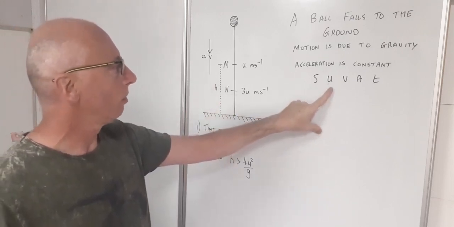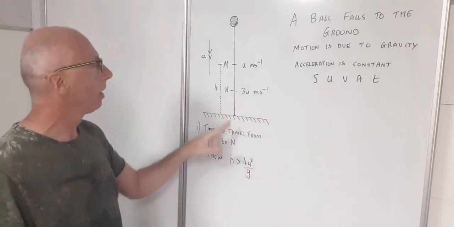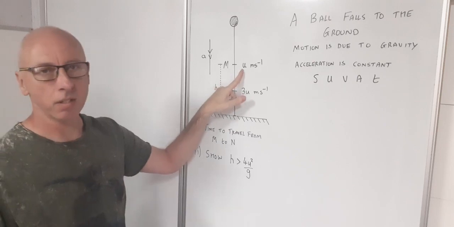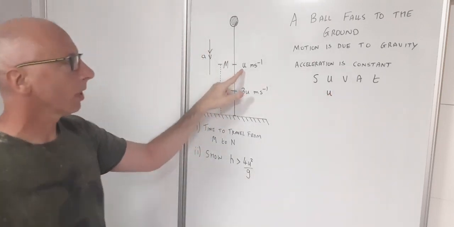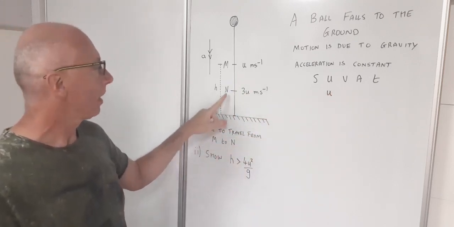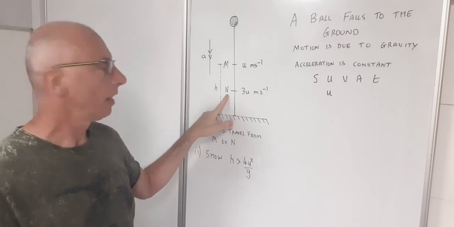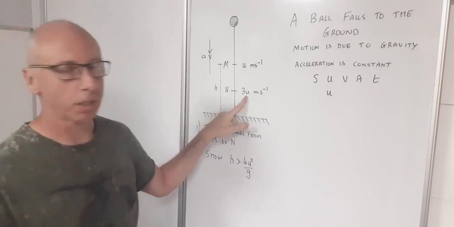U is the initial velocity. Well, if we're looking at the time to travel from M to N, our initial velocity is u meters per second, so that would just stay as u. Now V is the velocity at N, the velocity we're interested in after a certain amount of time, which is 3u.